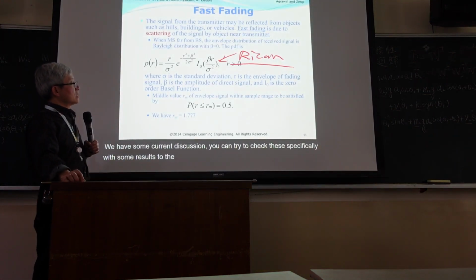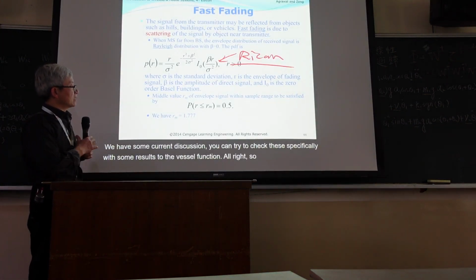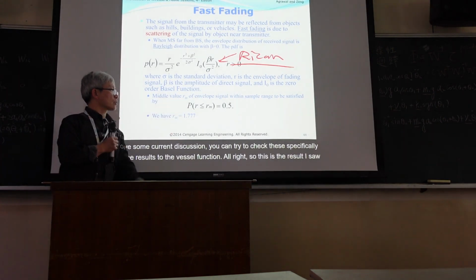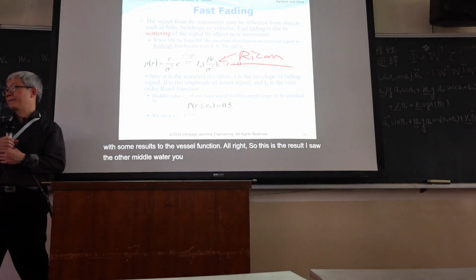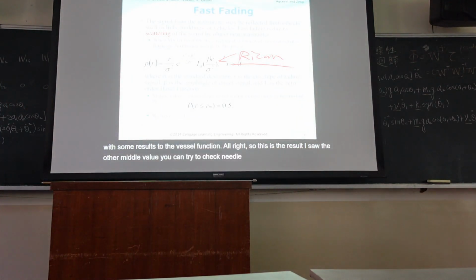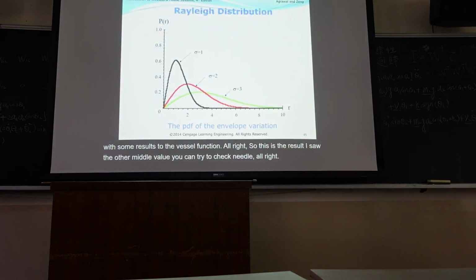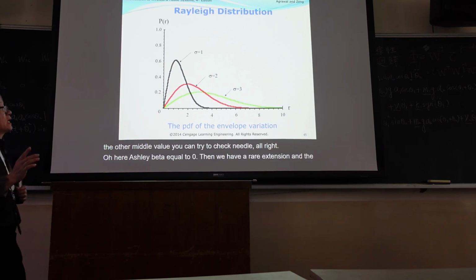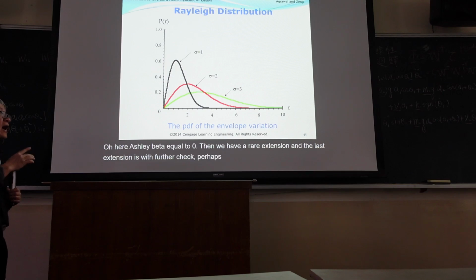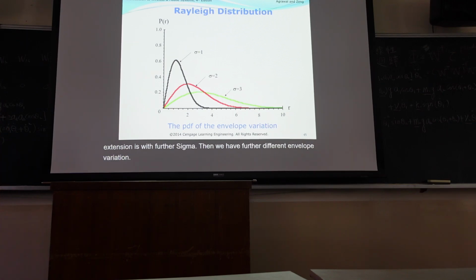Alright, so this is the result. So for the other middle value, you can try to check. And here beta equal to 0, then we have a Rayleigh distribution. And for the Rayleigh distribution, if we further check the parameter sigma, then we have different variations, like this one.